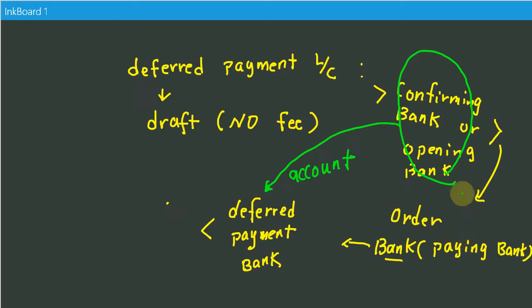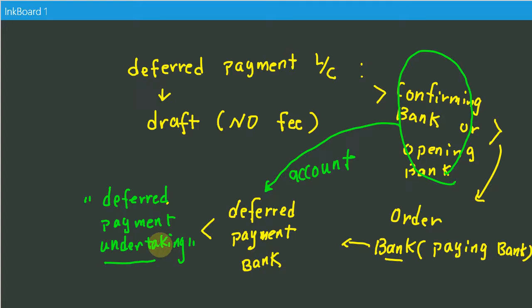According to the ordering of these two bankers, the deferred payment banker will issue the document called the deferred payment undertaking.